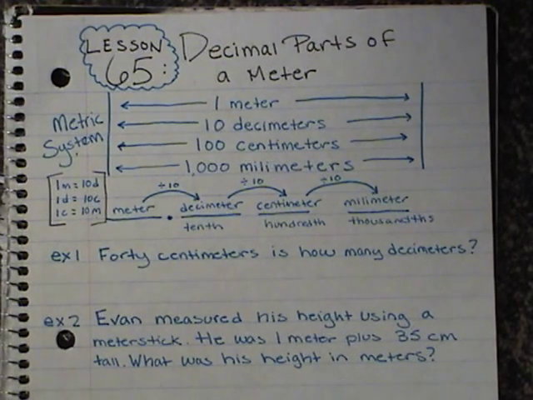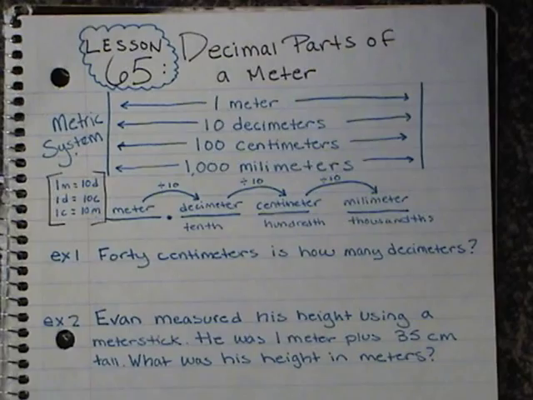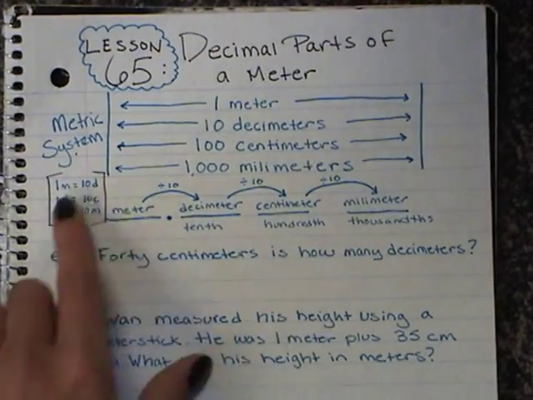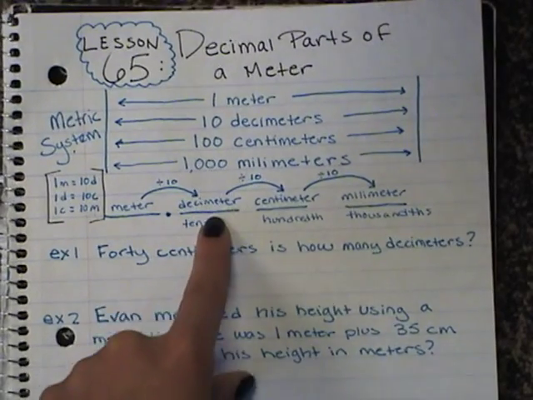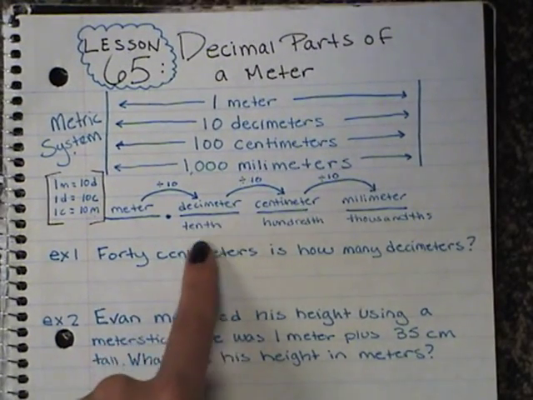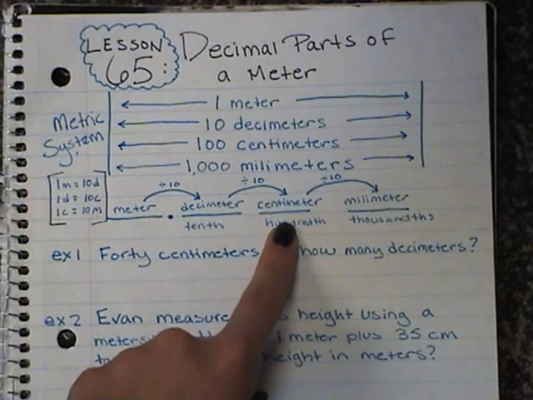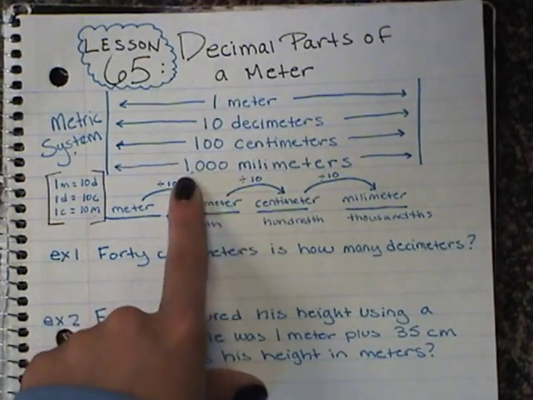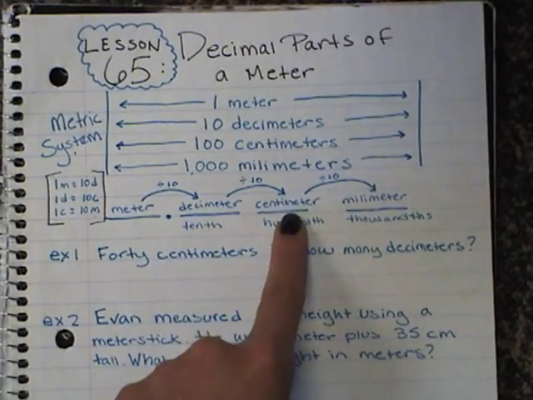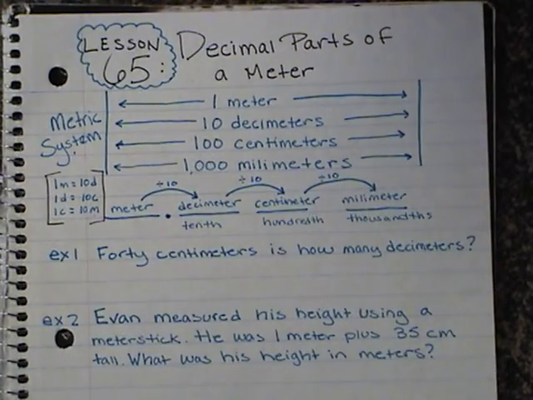Alright, so our first example says 40 centimeters is how many decimeters? So I can go back up here and look, or I can use my chart over here to see. And I know that if I had 10 centimeters, it would equal 1 decimeter. If this was a 9 and I had one more 10, it would make this a 2, because 10 centimeters equal 1 decimeter.